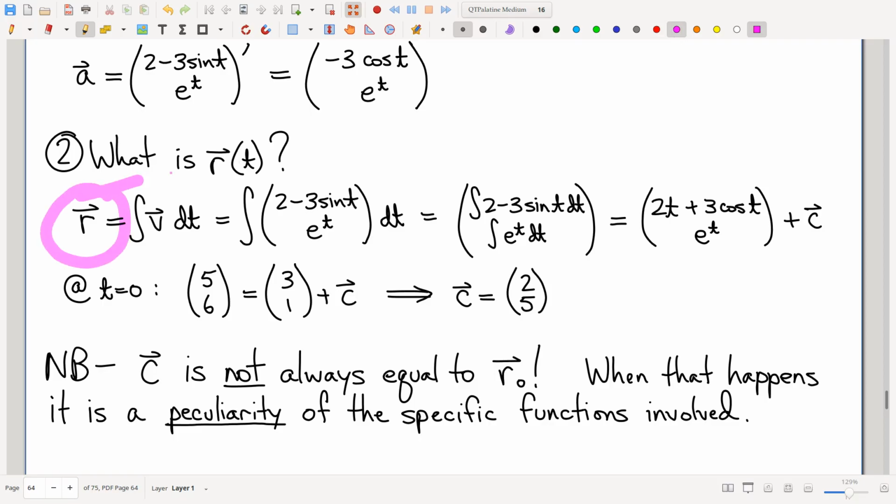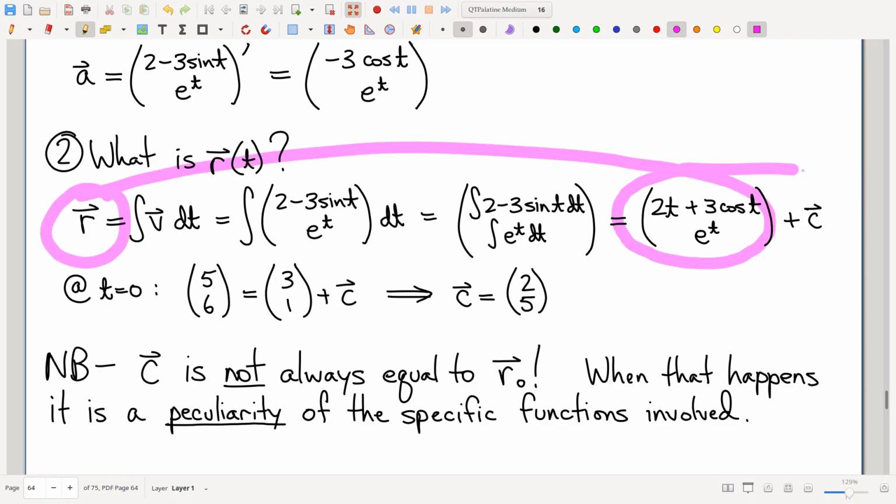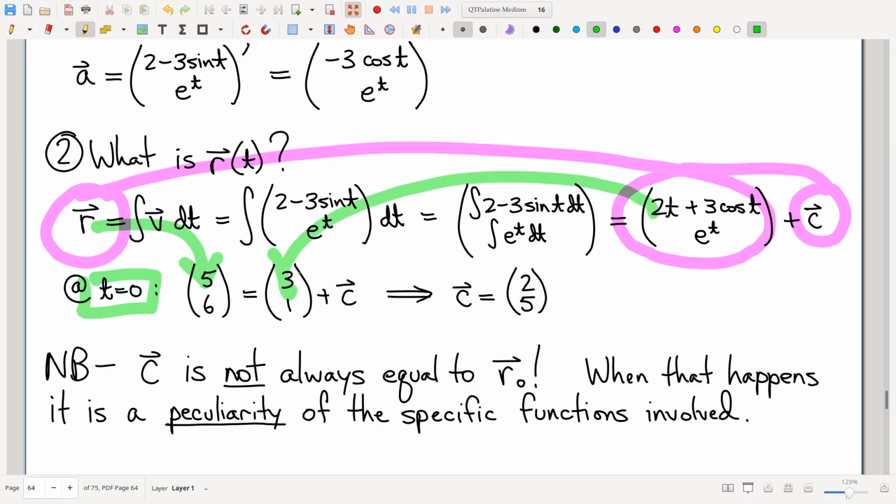Well, we're going to look at this equation where I have these three things. We're going to plug in t equals 0. Well, when t equals 0, my initial condition is that r of 0 is 5, 6. When you plug in t equals 0, that turns into that. That's just arithmetic. Right? Plug and chug.